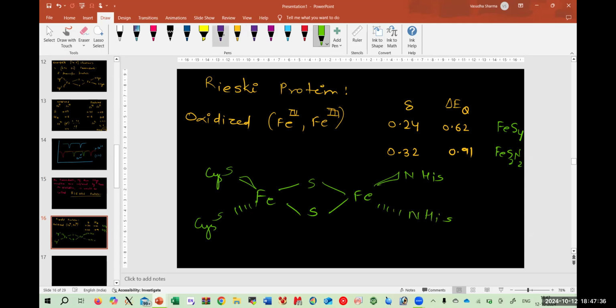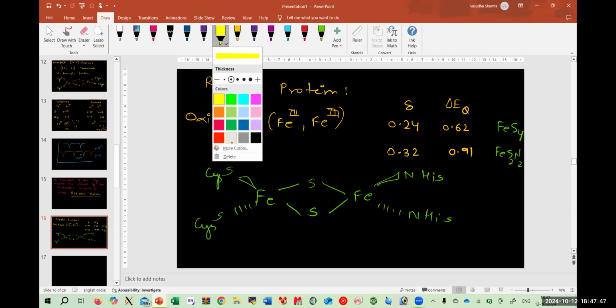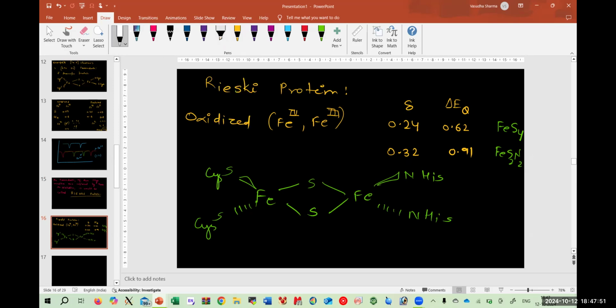So this center, which I'm highlighting with yellow, is the FeS4 system, and this center is your FeS2N2 based on the coordination.